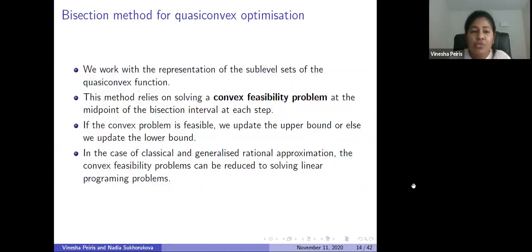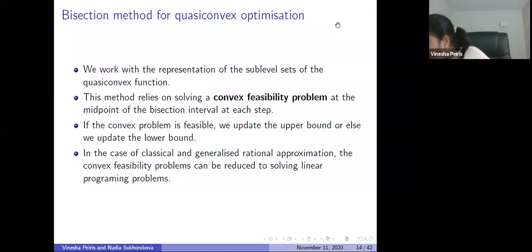Moving on to the bisection method developed for quasi-convex optimization. Here we work with the representation of sublevel sets, and this method relies on solving a convex feasibility problem at each step of the bisection.